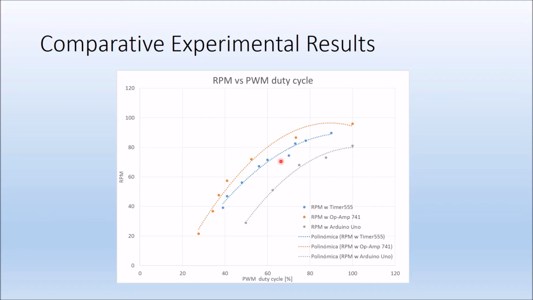Conclusions. Here I have the three curves, one next to the other, and you can see the one that has the best range is the one based on 741, and the Arduino Uno seems to have a lower performance, but this is probably because pin 5 does not source enough current to saturate the transistor completely.